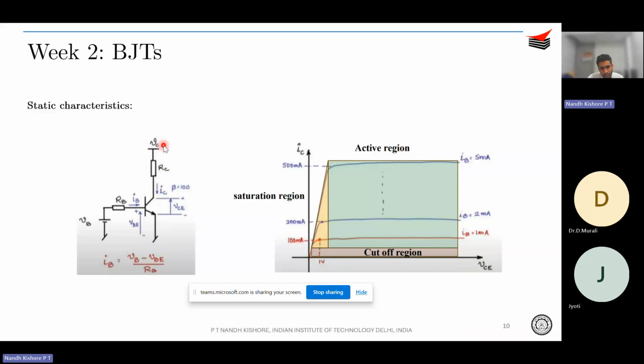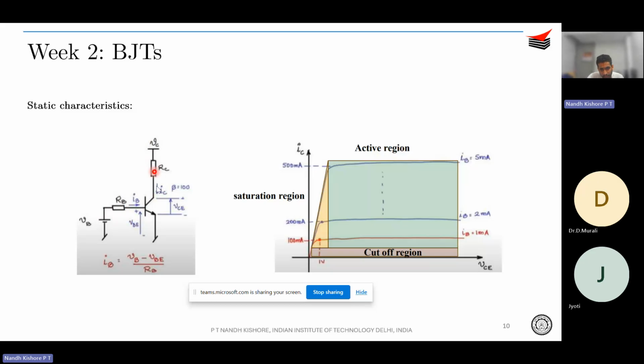And based on that, you can apply KVL over here and calculate VCE. Once you know VCE and IC, you can know where you are operating in the static characteristic curve, or in which region of operation. For instance, let's say there is some current IB, so IC equals beta IB, and let's say it was at this point. You computed it.